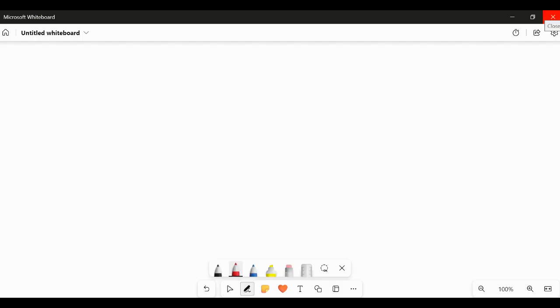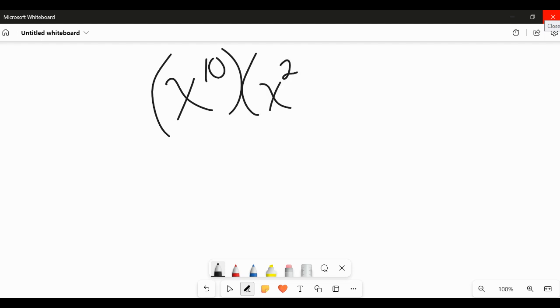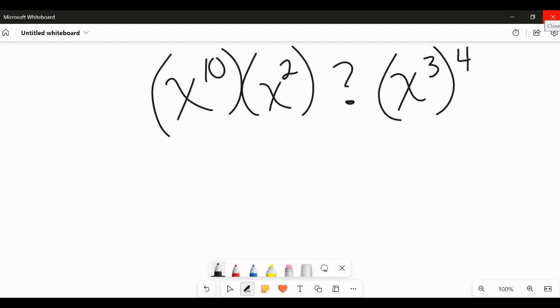We're going to do x to the 10th times x to the second. Sometimes you might see it written like this. And we're going to see how that compares to x to the 3 times 4. This is what we're really trying to determine: how do they relate?